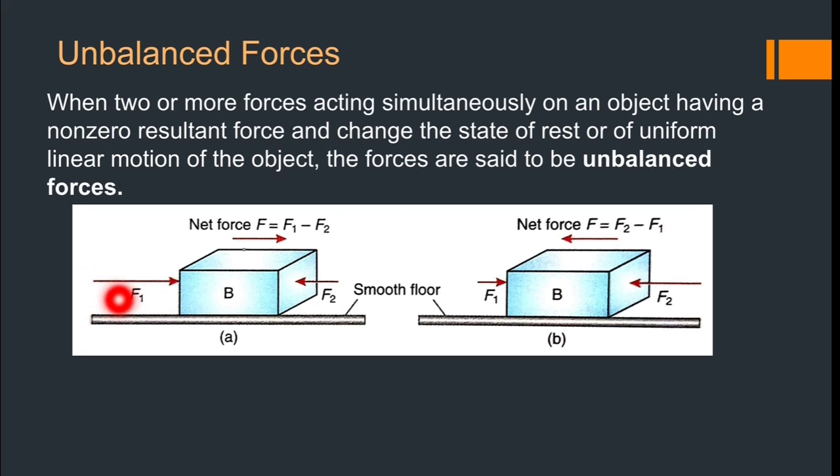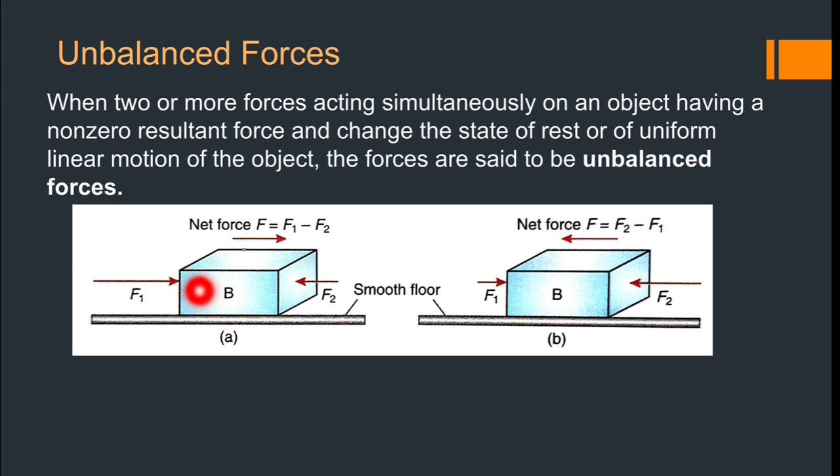Because the length of the arrow of F1 is larger than the length of the arrow of F2. So we can say that the two forces acting on this block are not of the same magnitude, so they cannot balance each other. It means these forces constitute an unbalanced force.